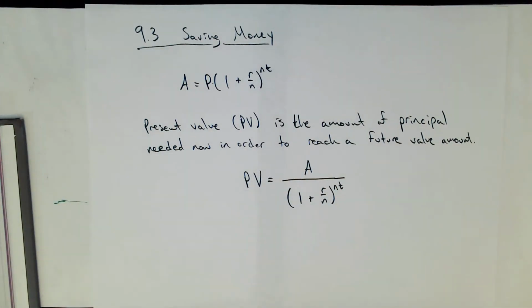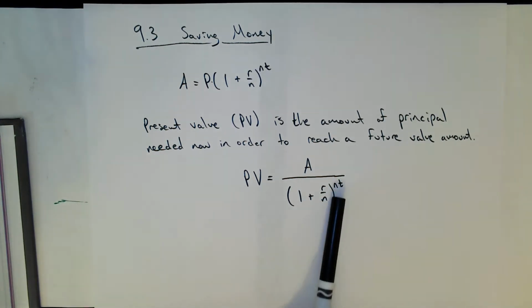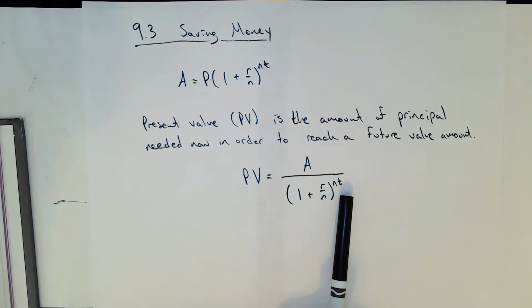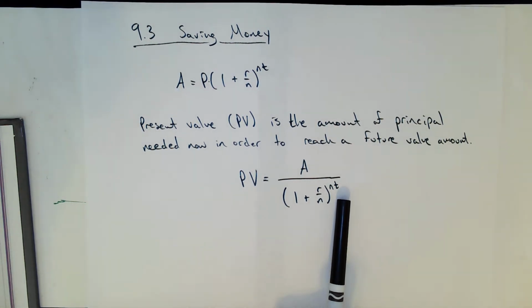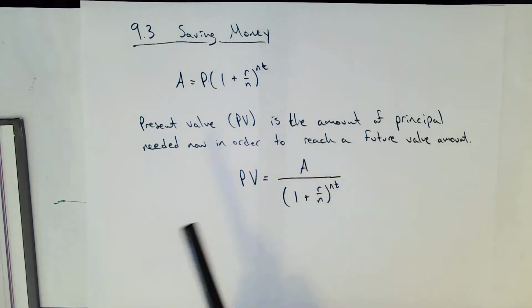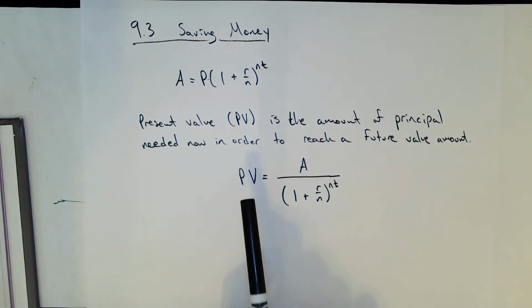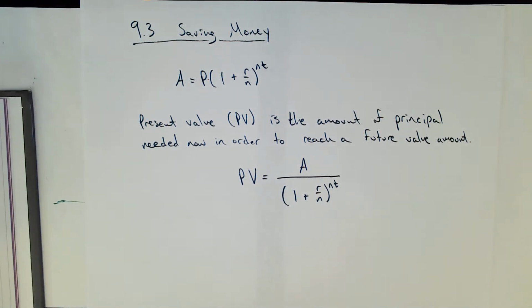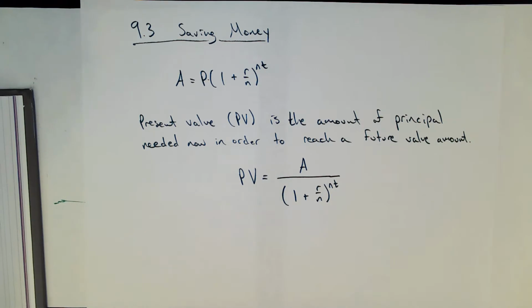So if you have some future value amount in mind, and you have some rate from your bank account and some compounding amount, and also how long you're going to be investing, then this formula tells you what principal is needed to reach your goal, which would be A. A is your goal, like the amount that you want in the account. Okay.